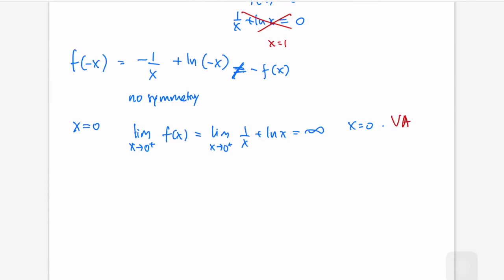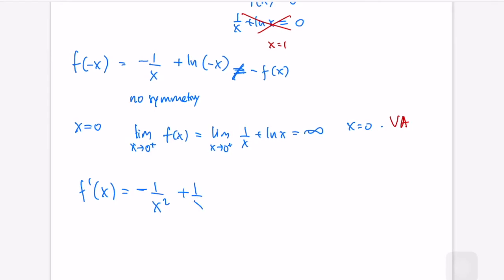Okay, so check the first derivative. 1 over x becomes negative 1 over x squared, and ln x becomes 1 over x. Or we can write this in terms of x minus 1. Now we can check this, and probably x = 1 is a critical point or critical number, and there will be an asymptote at x = 0.